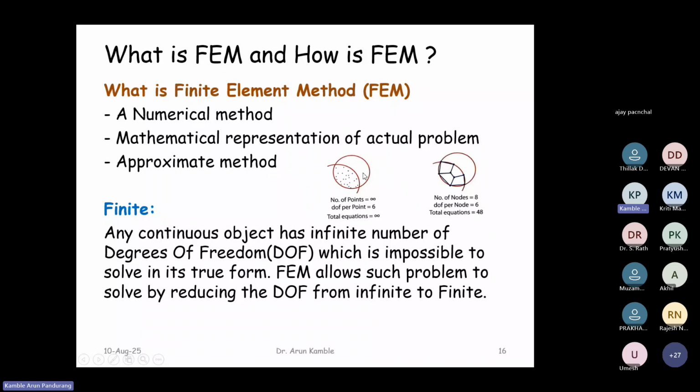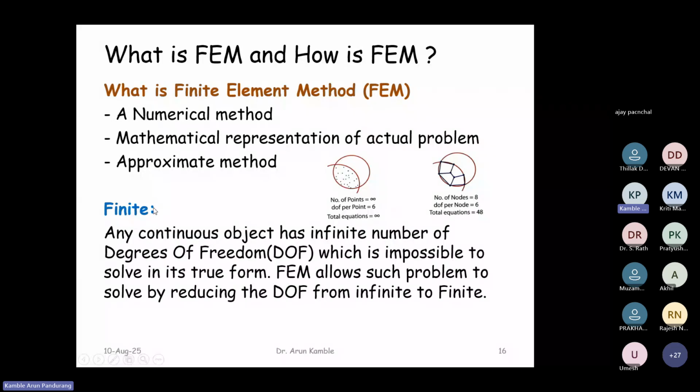Here you see we can connect these points. We can consider each point as a node, and we can connect these nodes by using elements. So here the total number of nodes is only 8, and the degrees of freedom per node is 6. Therefore the total number of equations will be 48. So here we have to solve only 48 equations.